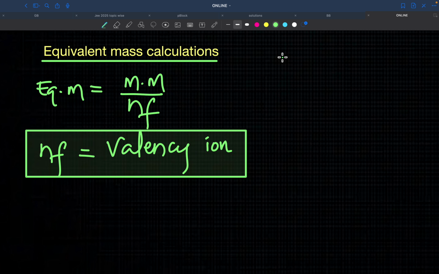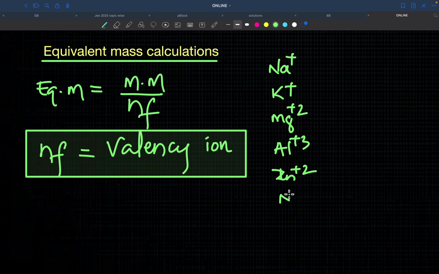Generally, how do we calculate the n factor? Let us see. We have sodium, potassium, magnesium Mg+2, Al+3, right? Like we have Zn+2. What else do we have? Ni+3, Sn+4, Pb+4, right? So these are the cations. What is the charge present here?